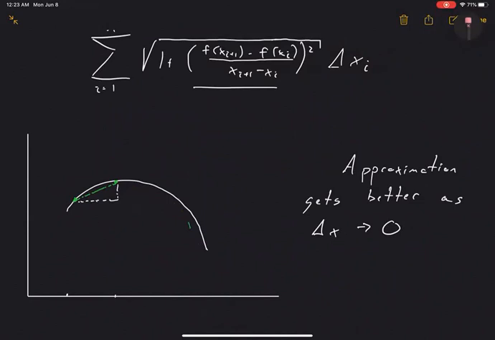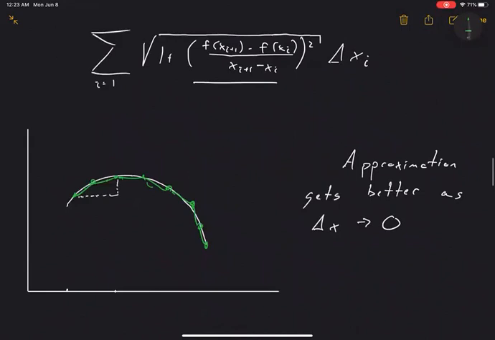Then I take the distance between my x's to be even smaller, so maybe I chop it up into 1, 2, 3, 4, 5, 6, 7 chunks. We can tell that this approximation to my arc length is going to be even better, right?